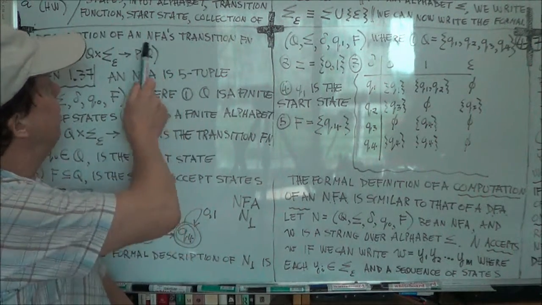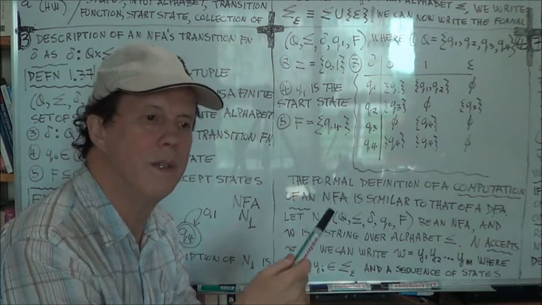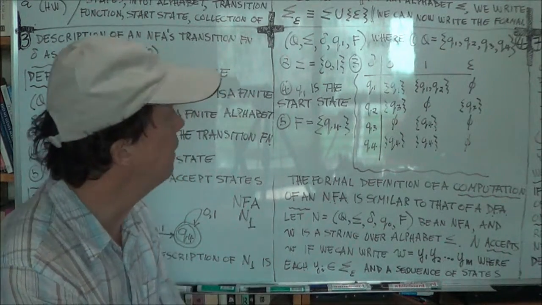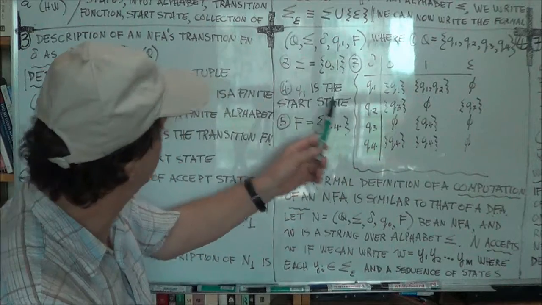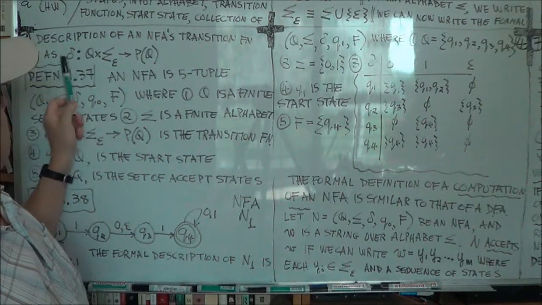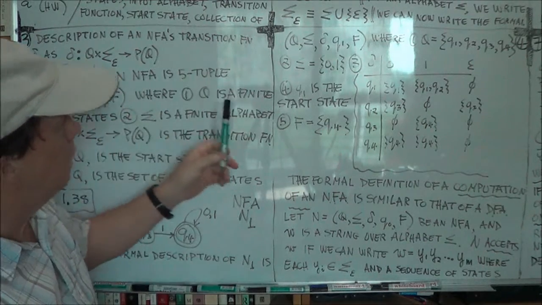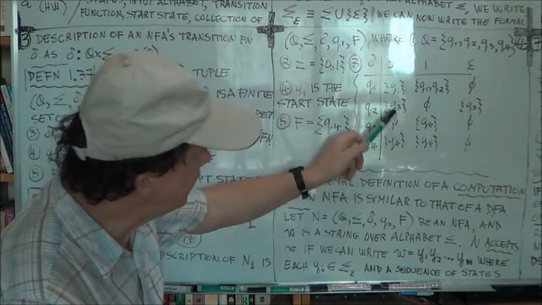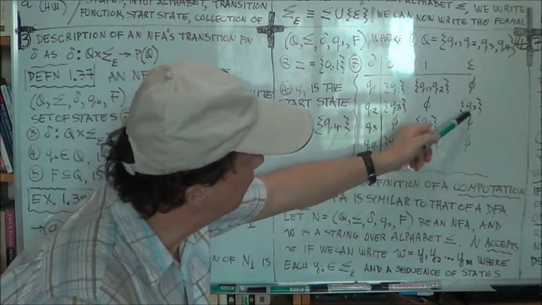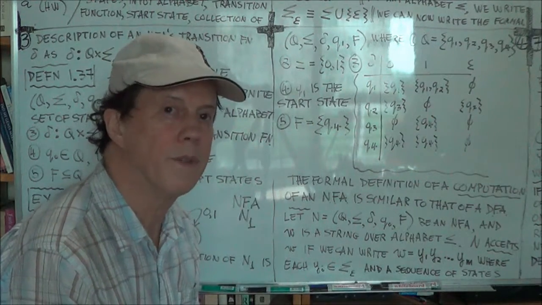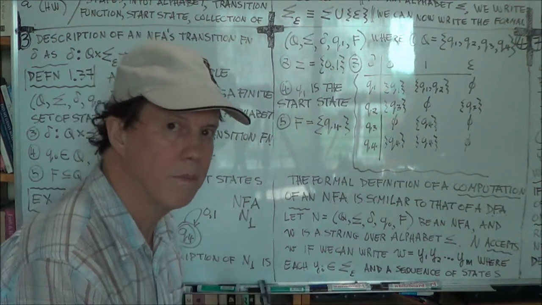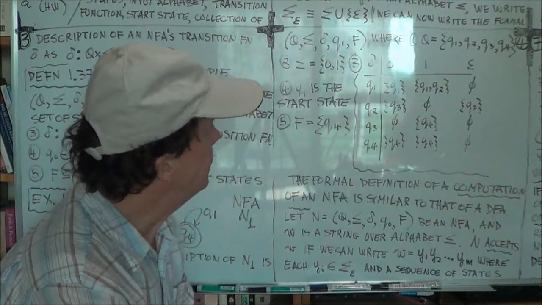So an element of a power set is a set. Okay? So on the right hand side here of your delta, your transition function, you will have sets. You'll have sets here, right? Because they're elements of the power set. So that makes sense. All right.